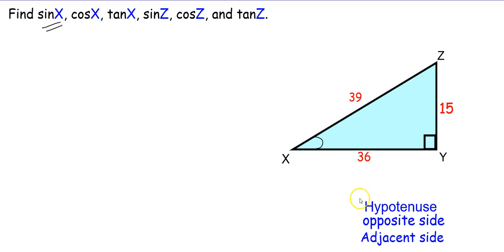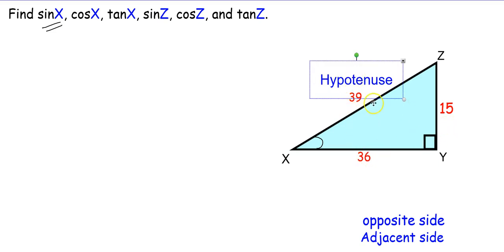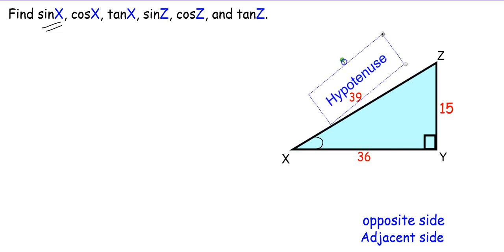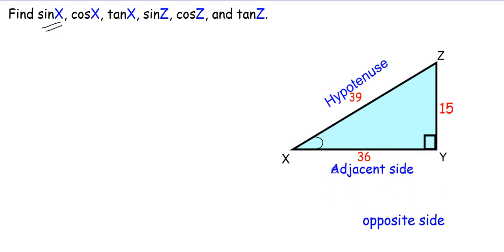Now let us go back to our problem. In this problem, first I am trying to find sine x. So my angle of reference is x. We know that the hypotenuse is always the longest side. Here we have all three side measures, and 39 is the greatest of the three. So I'll say this is the hypotenuse, and it is also opposite to angle y, which is 90 degrees. Now for this reference angle x, side XZ is the hypotenuse, so the side XY must be the adjacent side.